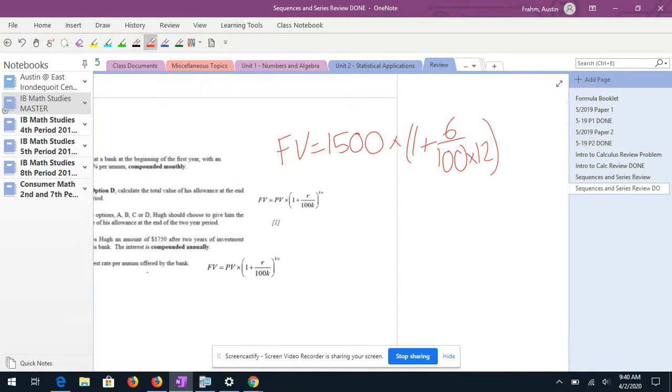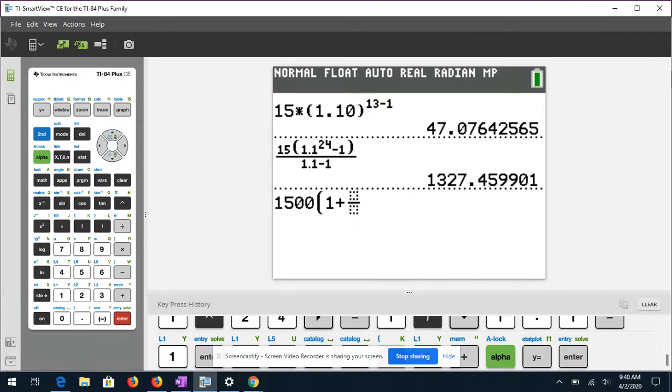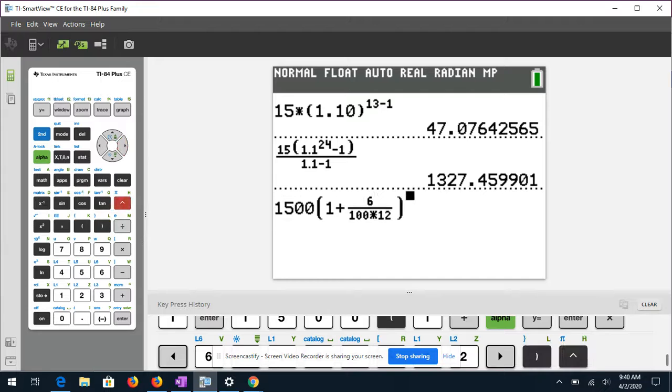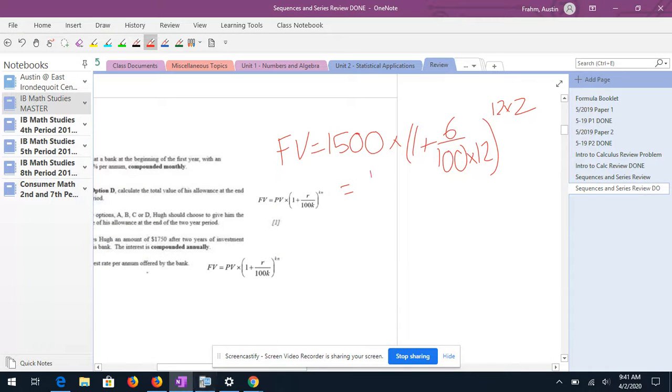So K is still 12. The N value is how many years, which is 2 years. So we type this into our calculators. And again, we're going to round to the nearest dollar, so it comes out to be $1,691.